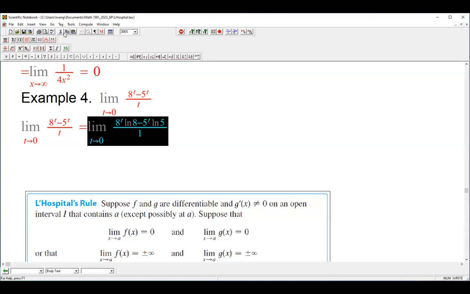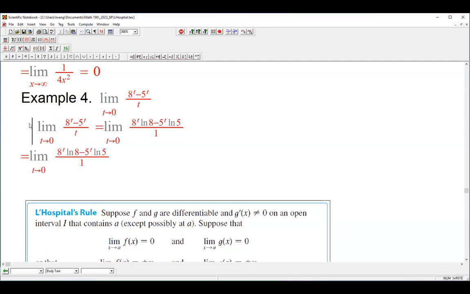So we ended up with something like this. We can remove the 1, since dividing by 1 we can just omit that. So we're taking the limit of this.